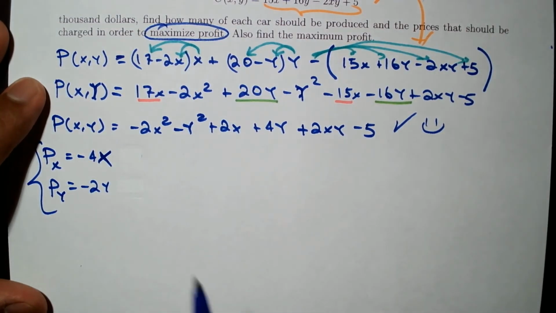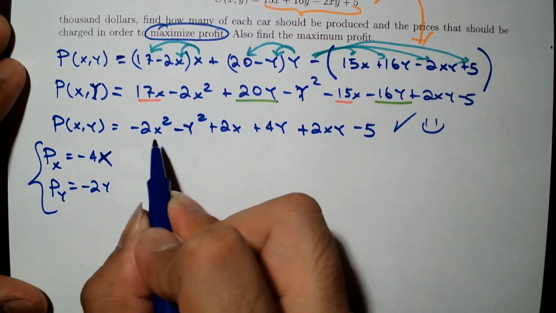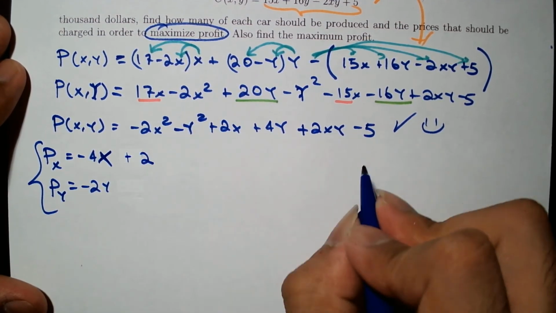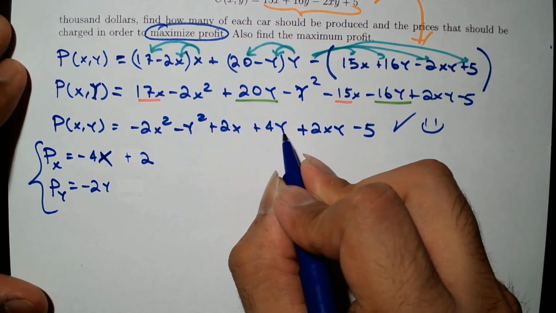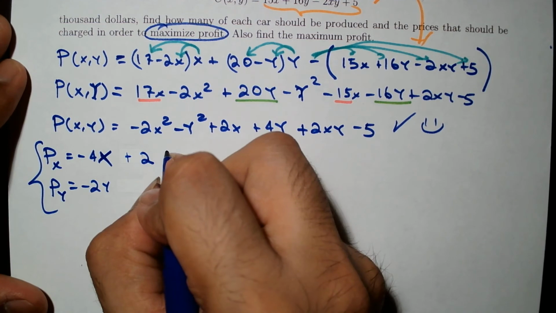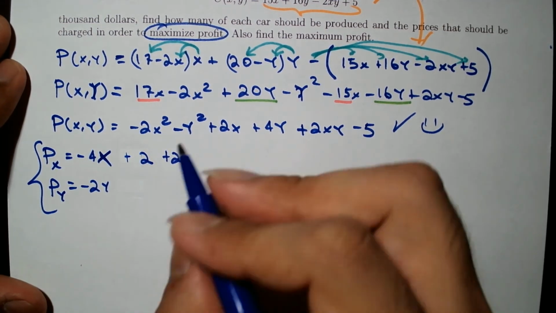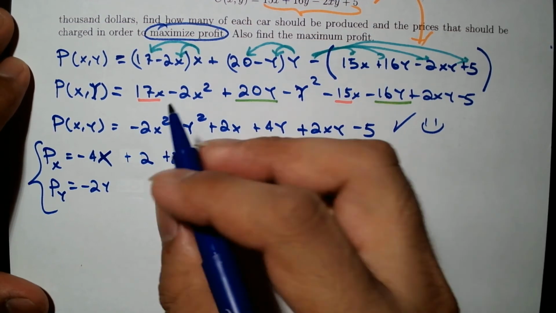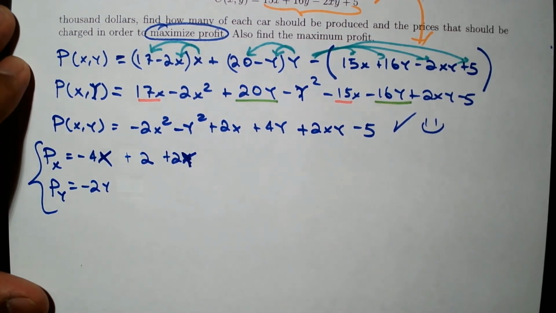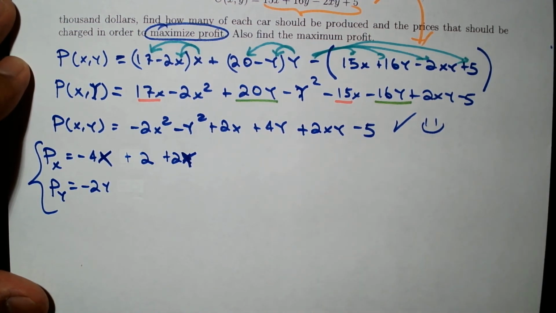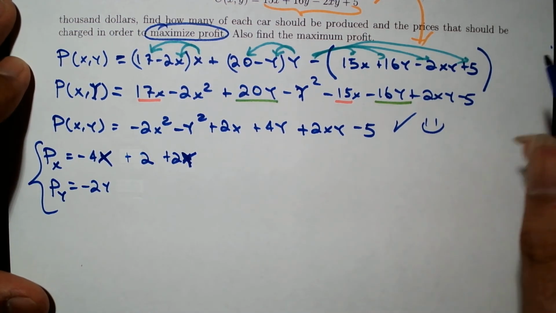Alright, so negative 2x, that's negative 4x, and then the derivative of 2x is 2, and then the derivative of this term is 0 with respect to x, and then the derivative of this will be 2x with respect to y. Beg your pardon here. And the derivative of a constant is 0.